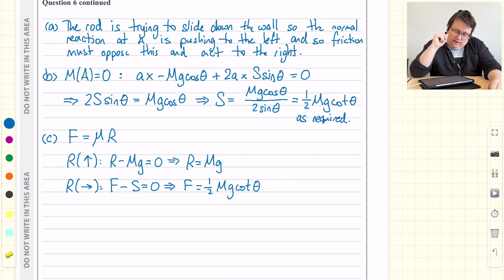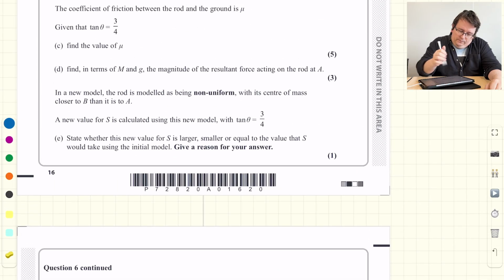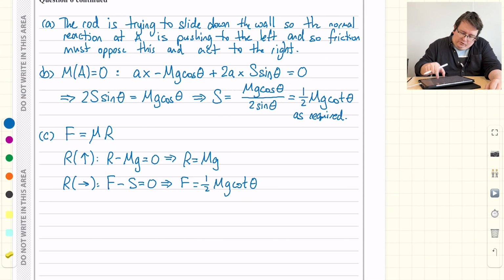So, we have been given in the question that tan theta is 3/4. So cot theta must be 4/3.